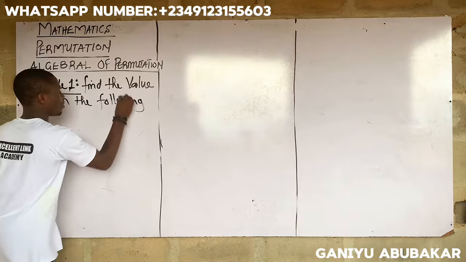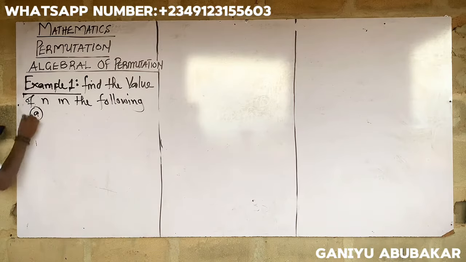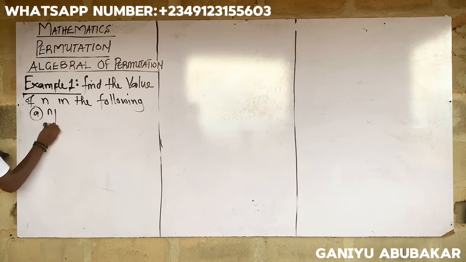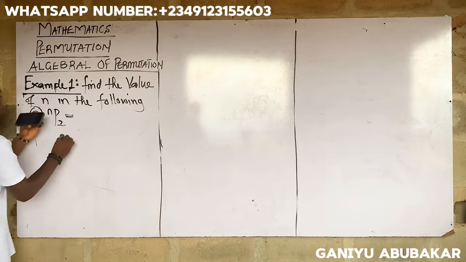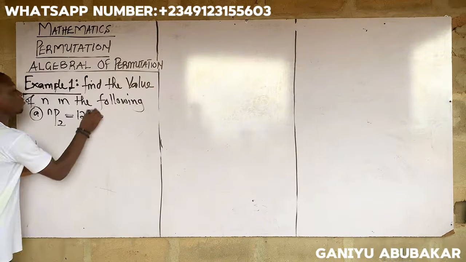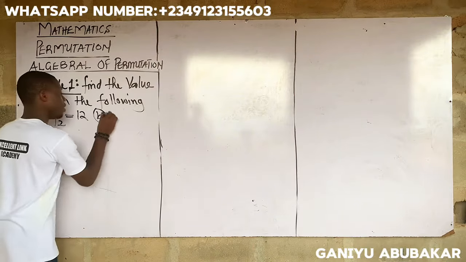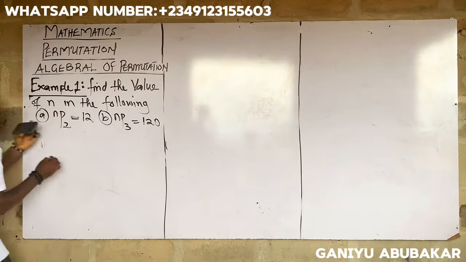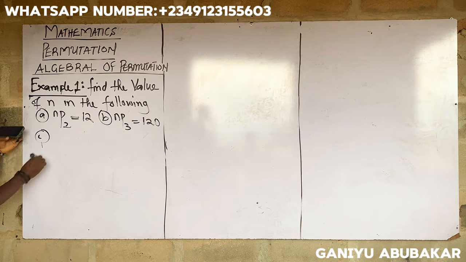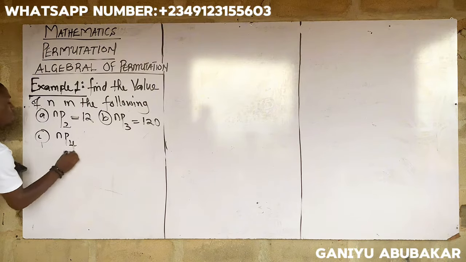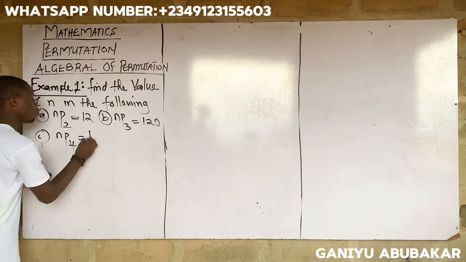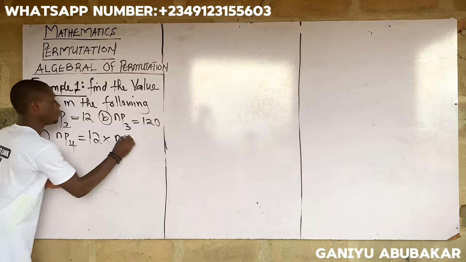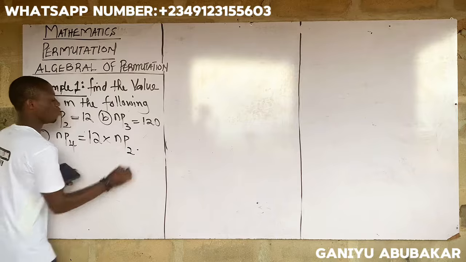For A, I have n permutation 2 being equal to 12. For B, I have n permutation 3 being equal to 120. And let's take one more. C, I have n permutation 4 being equal to 12 times n permutation 2.